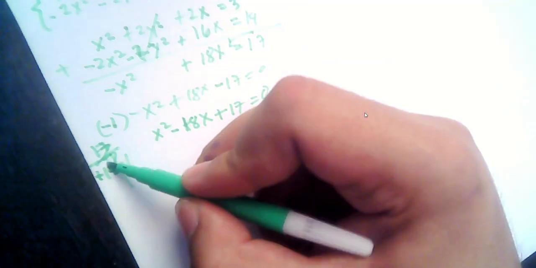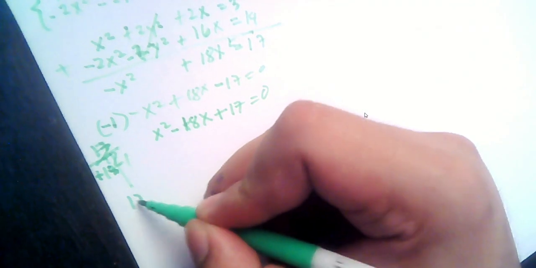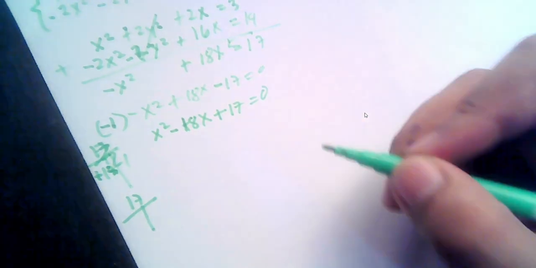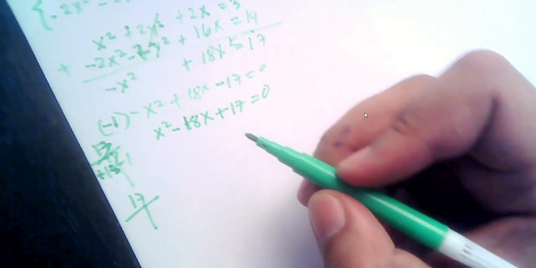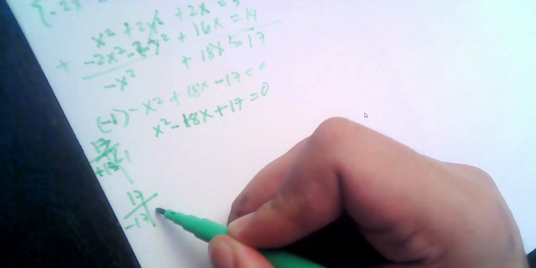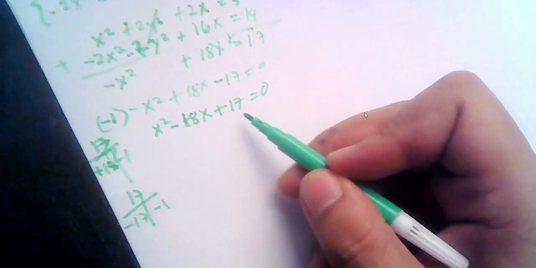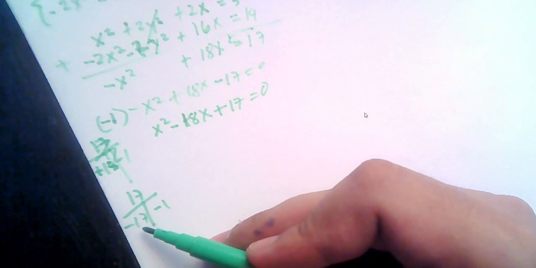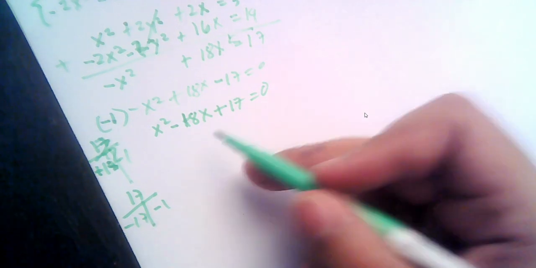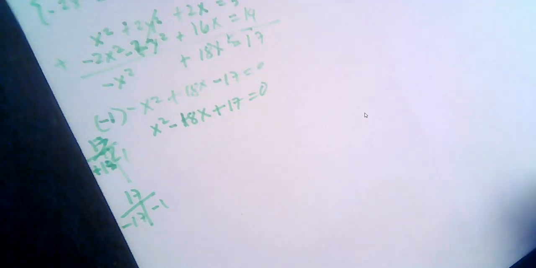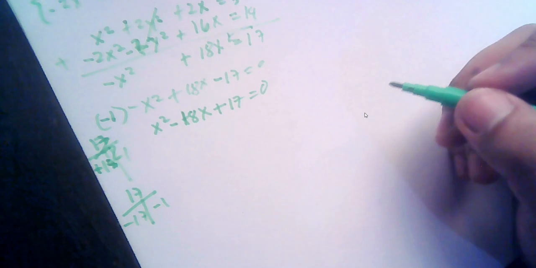That becomes negative 17 times negative 1. Negative 17 times negative 1, that is positive 17. Negative 17 plus negative 1, that is negative 18x. That is now correct. Okay.